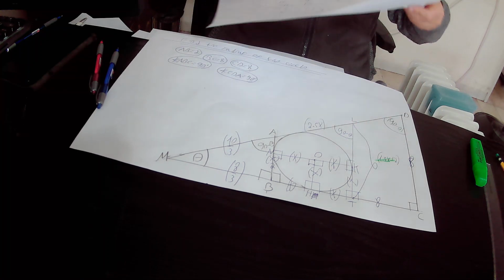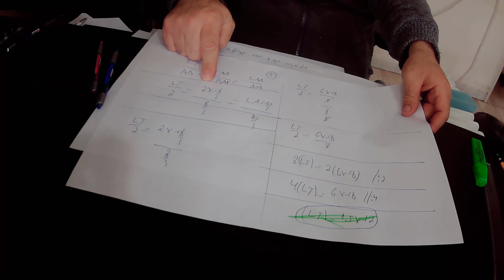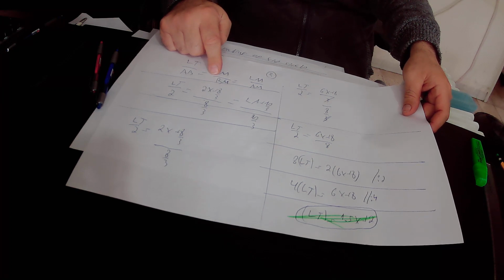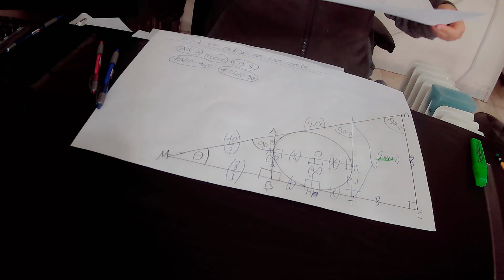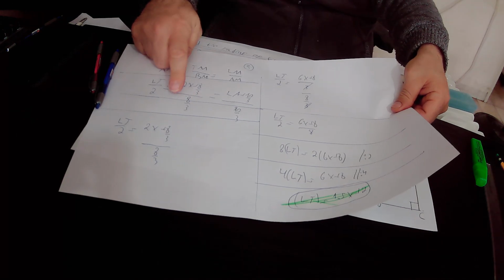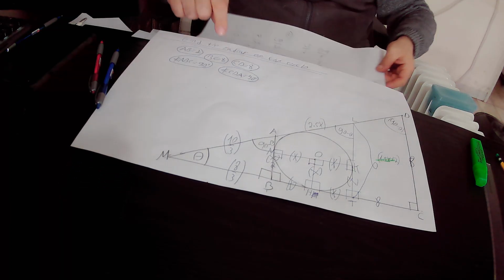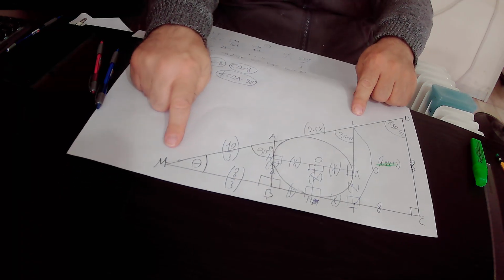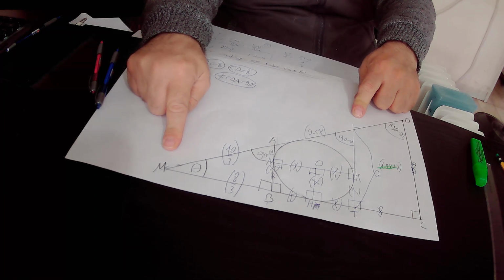So here, TM equals 2x plus 8 over 3, over BM. BM is 8 over 3, so we substitute BM in this equation by 8 over 3. And it is also equal to LM over AM. What is the length of LM? From the drawing, it is very easy to see that LM equals LA plus AM.